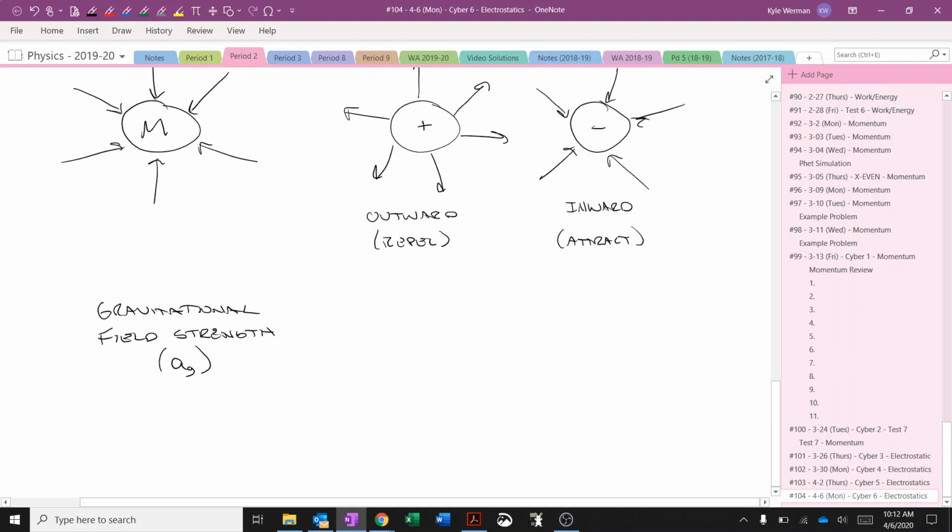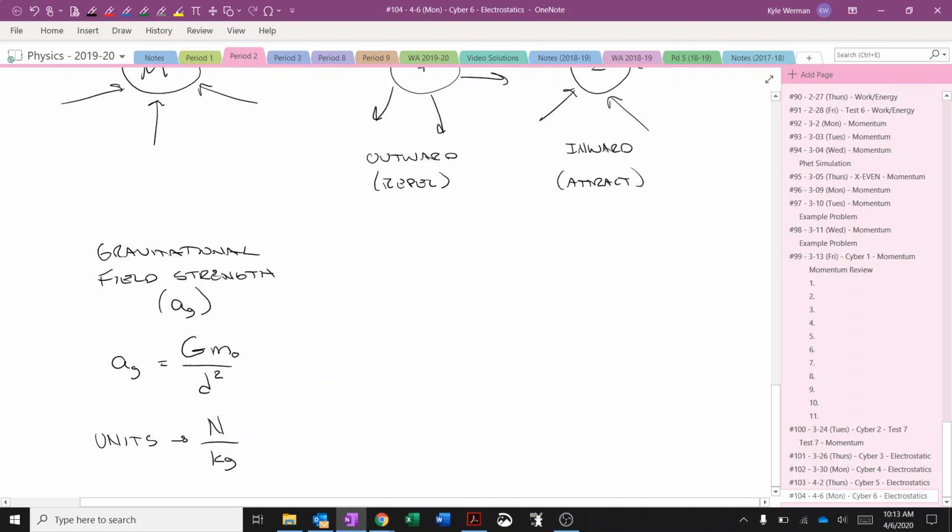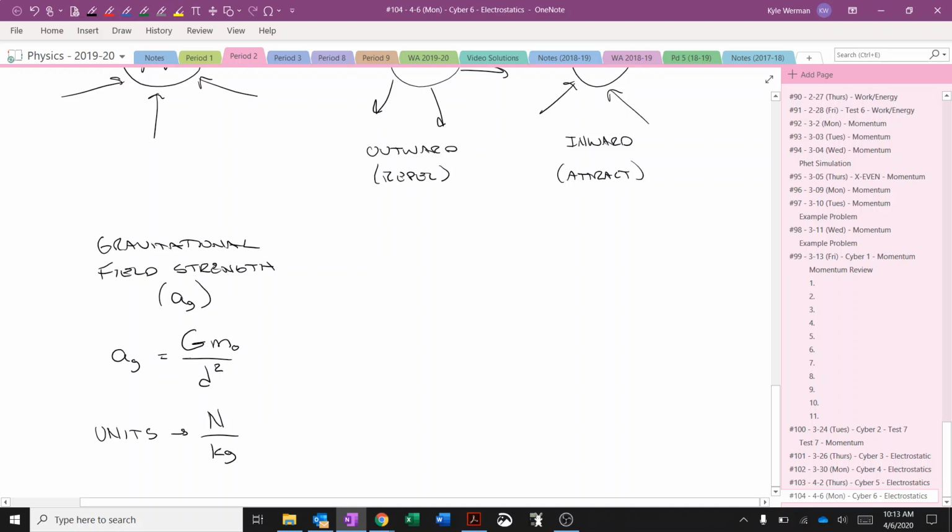And you remember our equation? Well, a_g was just big G, a constant, times the mass of the thing creating the field, over the distance to the center of that object squared. And the units for the acceleration due to gravity were meters per second squared, or in this case, force per unit of mass brought into the field, newtons per kilogram.